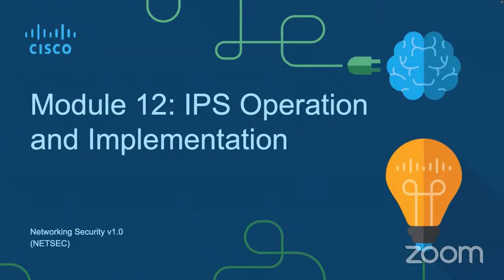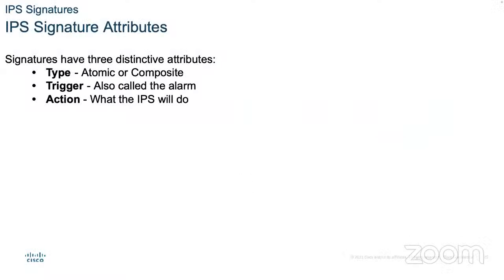Module number 12 dives further, starting with signatures. A network security device has to be able to understand what is different and react to the difference.